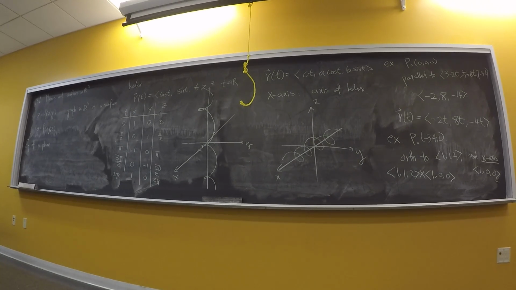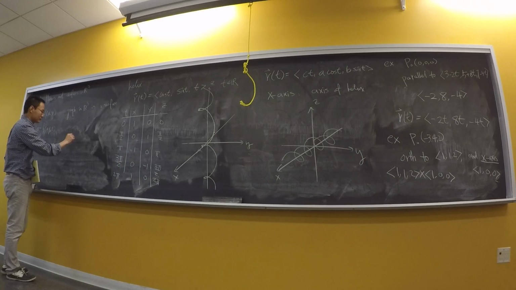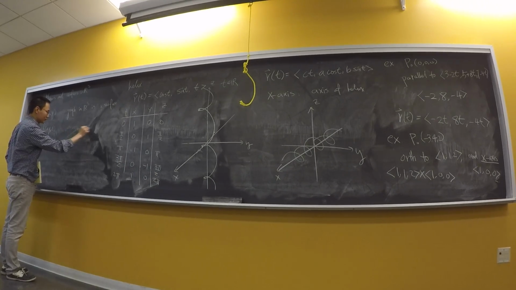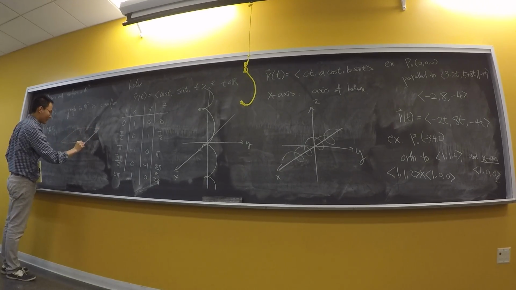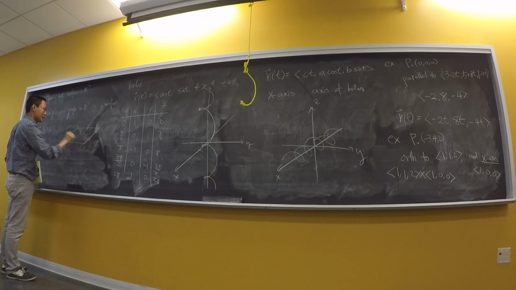You need a point on the plane, okay? Normal line. A normal line. How do you use the normal line?